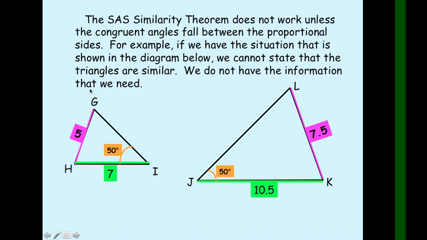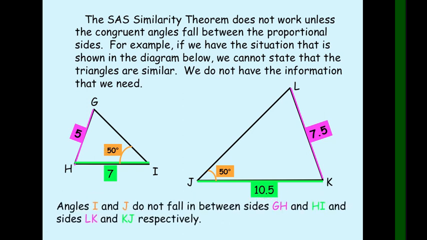We cannot say that they are similar kasi we don't have the information needed. Kasi dito, okay, 50, no? Tapos, angles I and J, sabi, do not fall in between sides GH, okay, and HI.